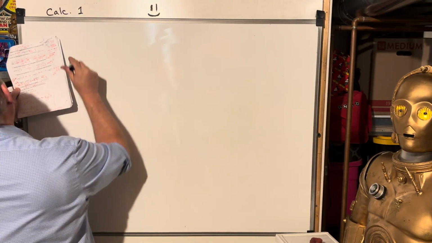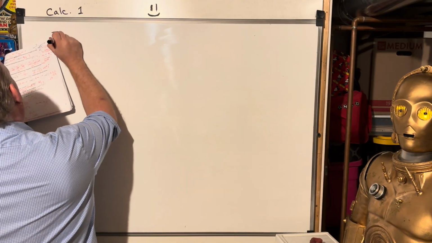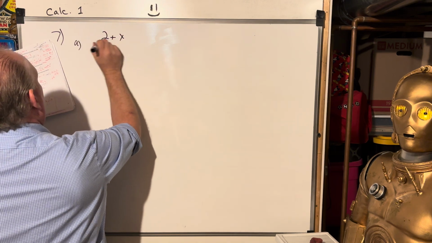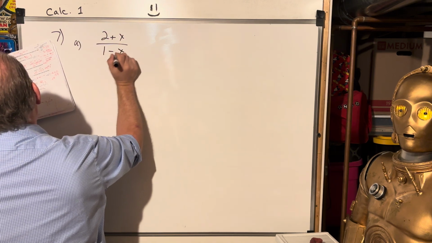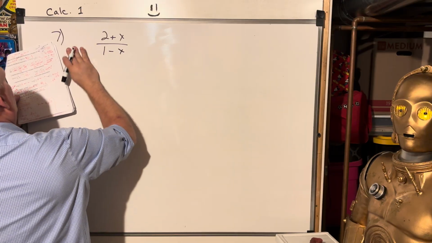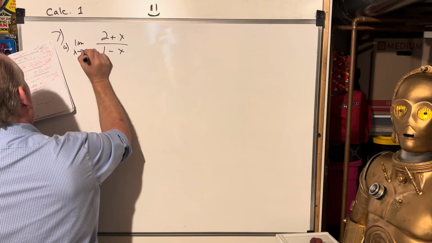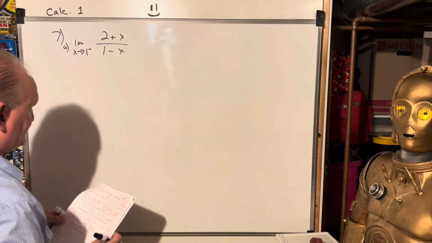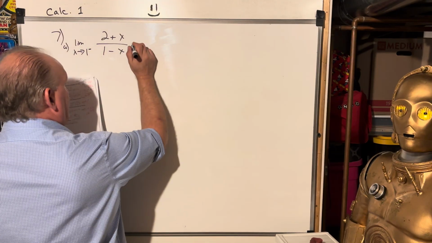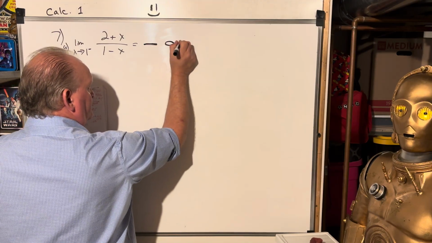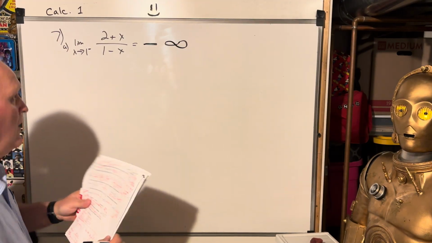So on something like this, where you have 2 plus x over 1 minus x as the limit as x approaches 1 from the left, what I'd like to see is a little bar.